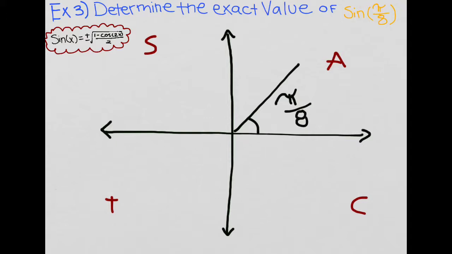Now we can use our CAST rule and look at the angle, and the angle's in the first quadrant, and we know that all ratios in the first quadrant are positive. But let's say the angle was in quadrant 3 or quadrant 4, we know that sine would be negative because sine is always negative in the third or fourth quadrant. So that's how you determine whether to use positive or negative, and in this case we'll be using positive because it is in the first quadrant.